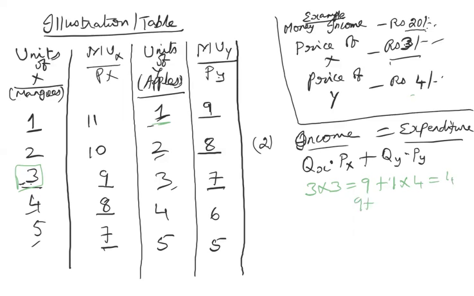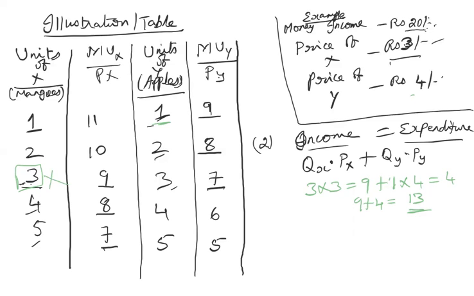So 9 plus 4 is equal to 13. But he has to spend his entire money income. That means 7 rupees is left over. He is spending only 13 rupees here. So this combination is ruled out.